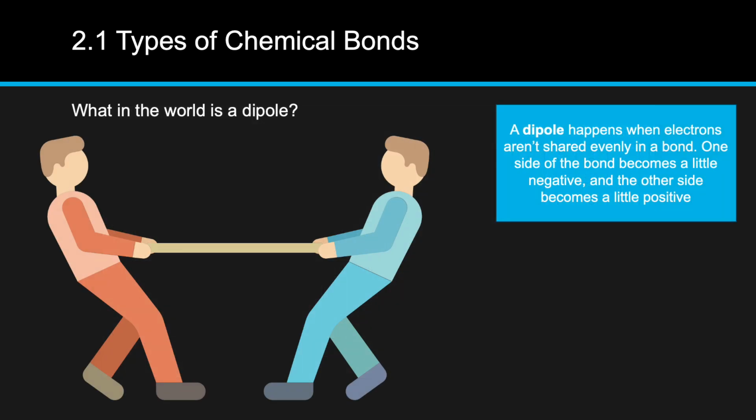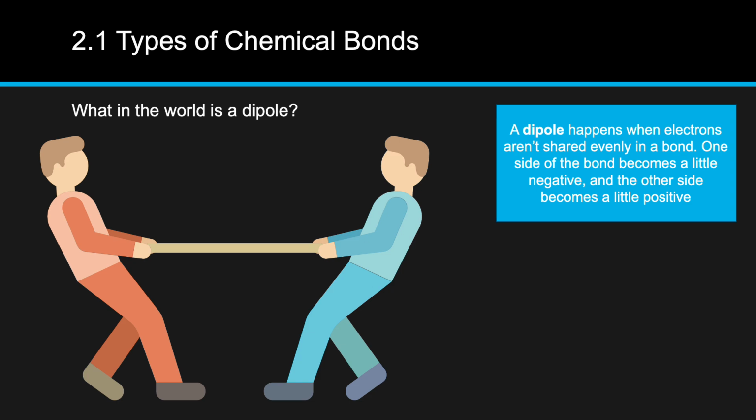All right, so we talked a few times about dipoles, and I want to specifically go over what a dipole is because it's really important when we go into Lewis structures, formal charge, and so on. A dipole happens when electrons aren't shared equally in a bond. So one side of the bond becomes a little negative and the other side becomes a little positive.